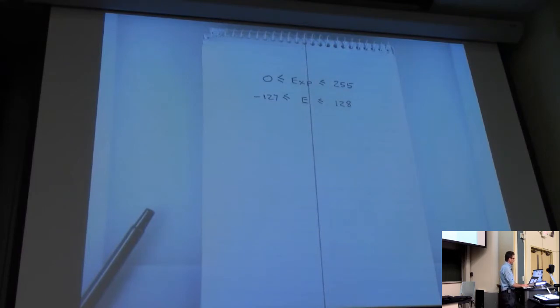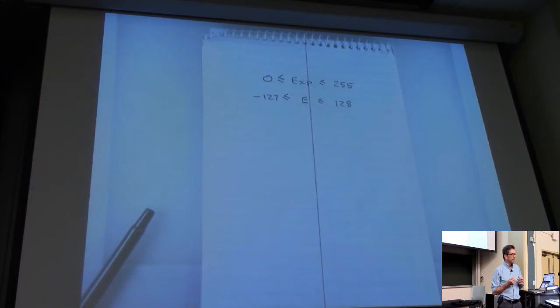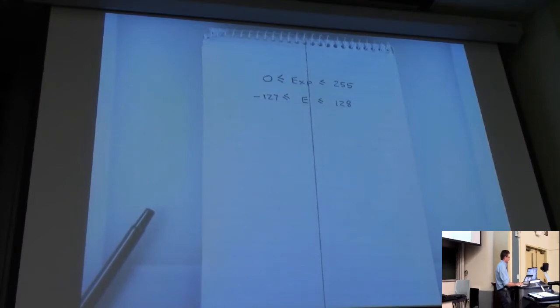Now, these normalized values always have this implied 1, which, when we want to represent numbers closer to 0, limits us, right? So there's another type of floating point number called a denormalized value, which is characterized by an EXP field of all zeros.